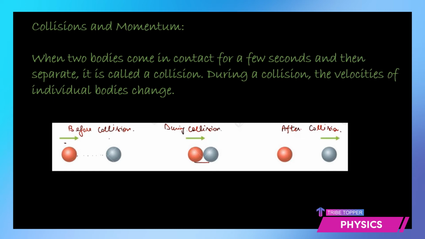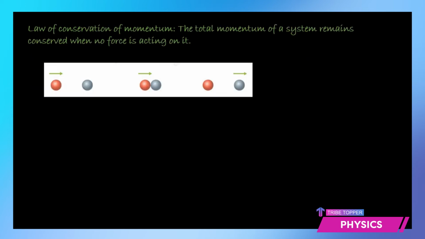By collision I just mean that two bodies come in contact for a few seconds and then separate, and during a collision the velocities of the individual bodies change. Let's see how momentum applies here. What is the law of conservation of momentum? We are talking about a collision only. Let this be a ball of mass m1 and this a ball of mass m2.